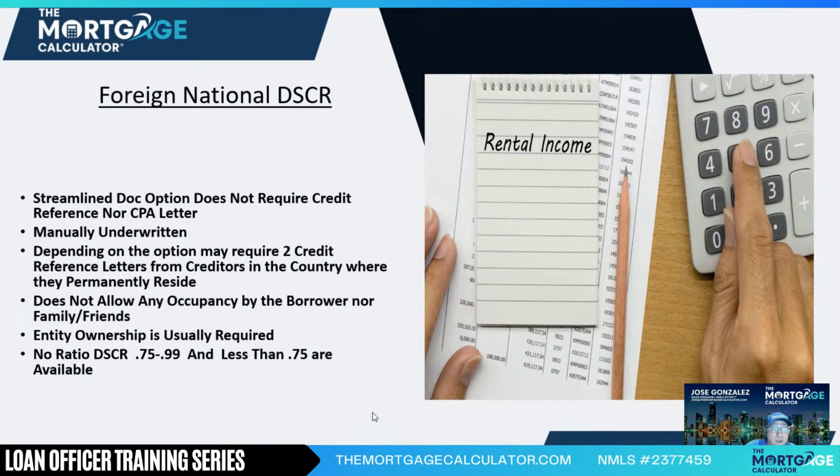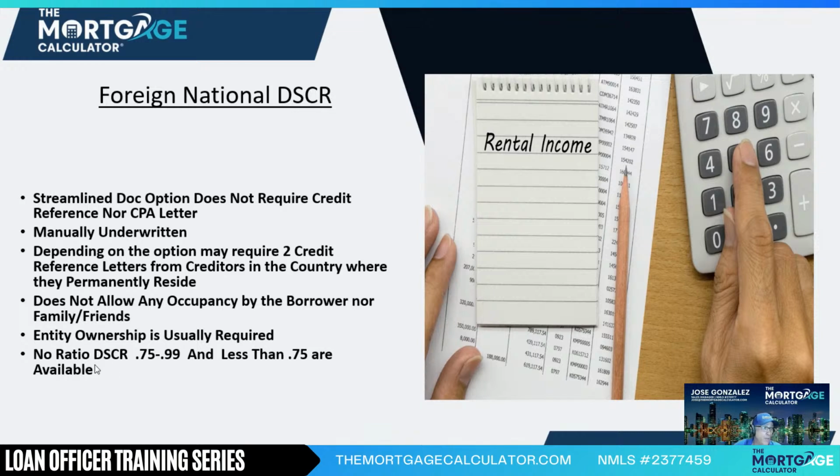The DSCR option, since it is a pure investment only option, if you have your passport but don't have your current US visa because you're waiting 6 months to get that appointment at the consulate, that's why I stress the benefit of the streamlined option for investment properties, because if they don't have to come to sign in person, then that option will not require them to have a visa on their passport if they reside in a non-visa waiver country.